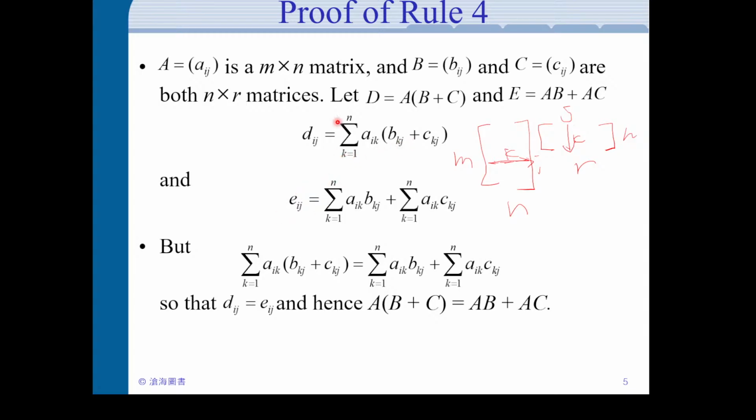Now we just want to check that Dij equals Eij for every ij. This can be done by the distributive rule of scalar addition: a summation of two things can be written as two different summations. So for every ij, Dij equals Eij, so these matrices are equal.